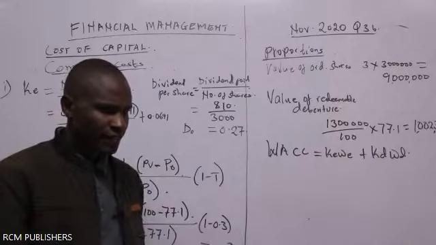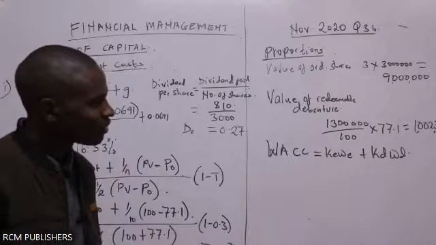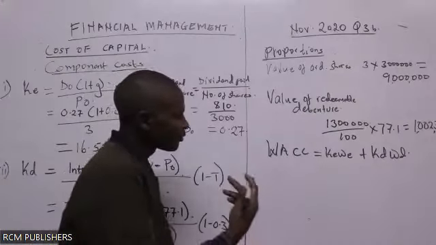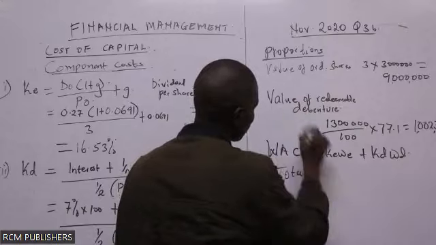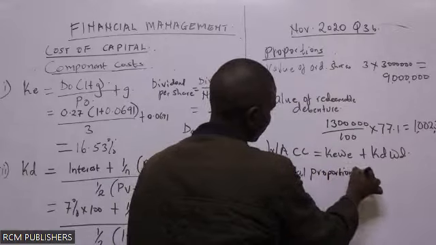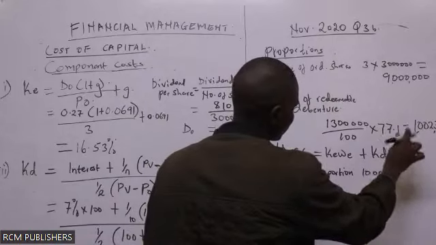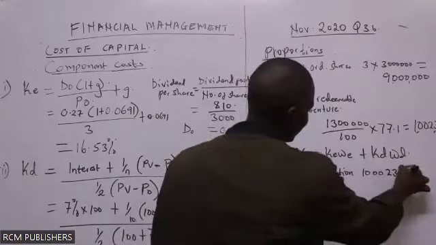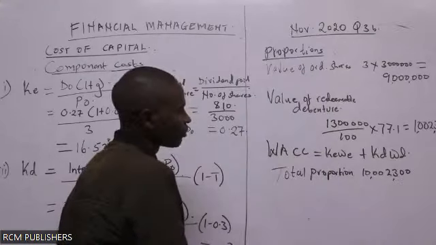We are getting 10,023,300. So the total proportion is 10,023,300. I hope that is correct. That is correct.